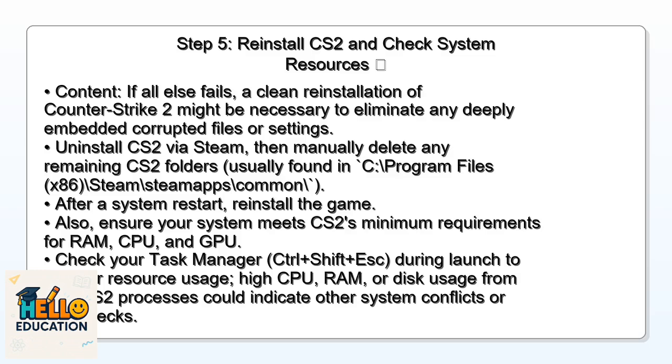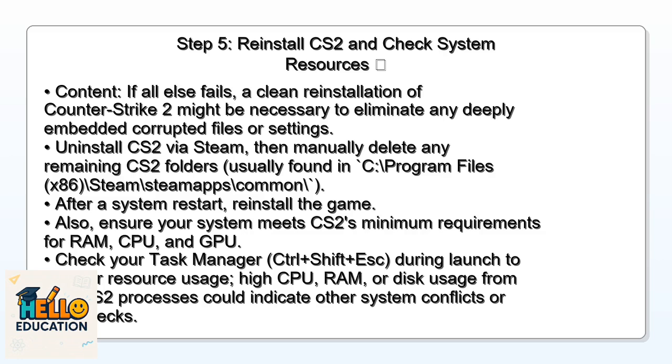Step five: reinstall and check system resources. If all else fails, a clean reinstallation of Counter-Strike might be necessary to eliminate any deeply embedded corrupted files or settings. Uninstall via Steam, then manually delete any remaining folders, usually found in Program Files, Steam, steamapps, common, after a system restart.